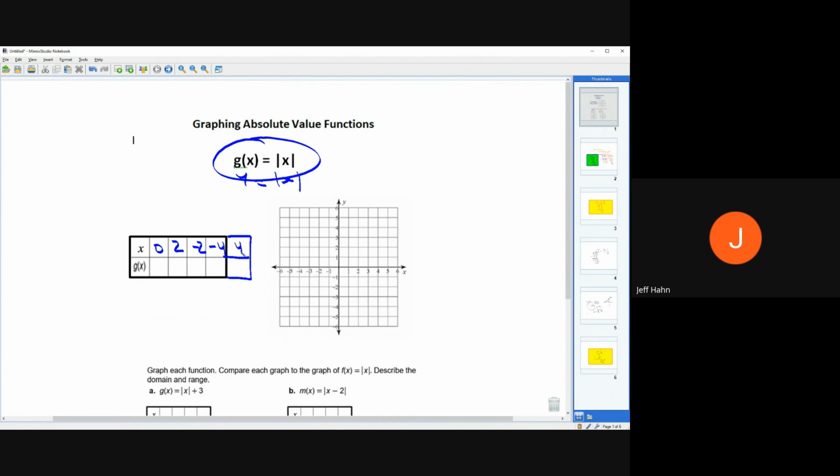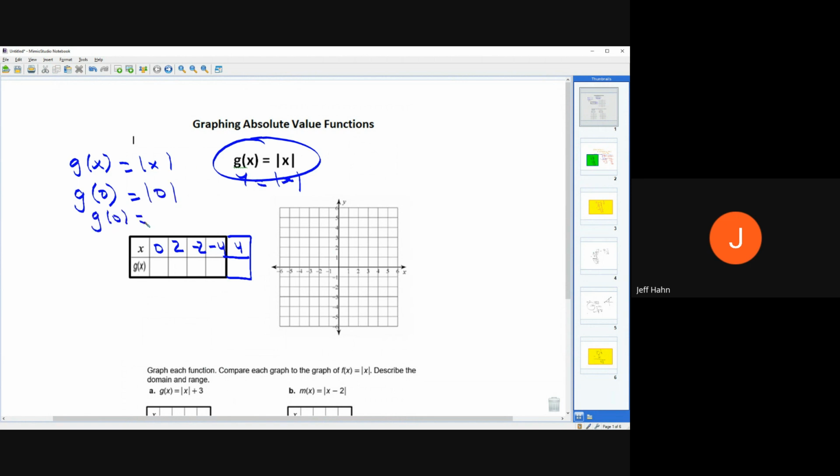If I plug all of those into my equation, g of x equals the absolute value of x. Remember, if you're writing this out mathematically, like math people would like you to do, I'm putting 0 in for x, so the function g of 0 equals the absolute value of 0, so g of 0 would equal what?